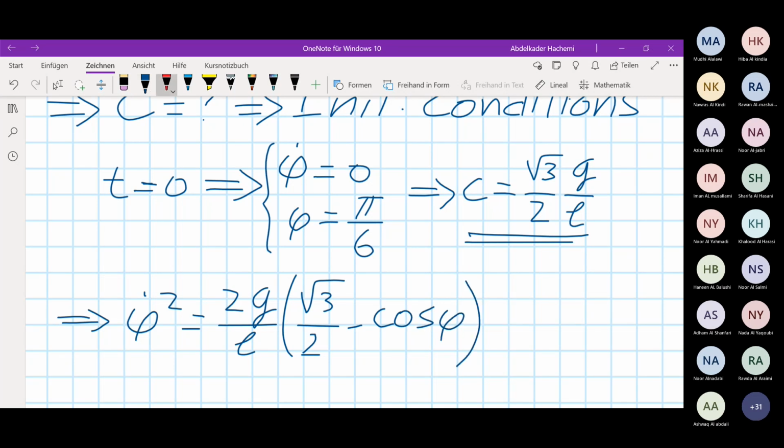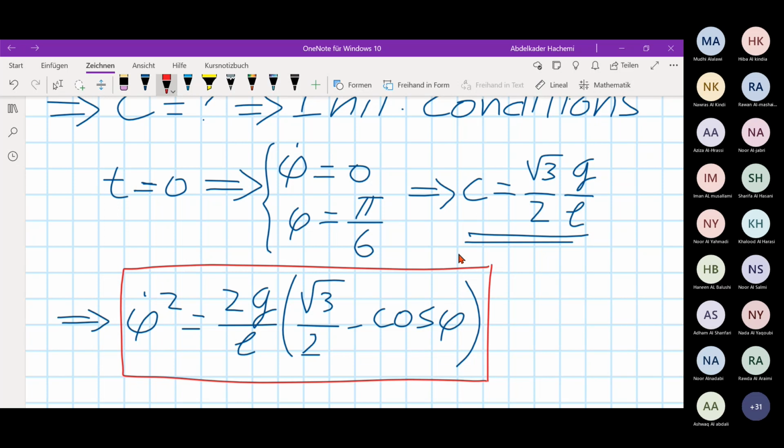Okay, this is the expression of the angular velocity.